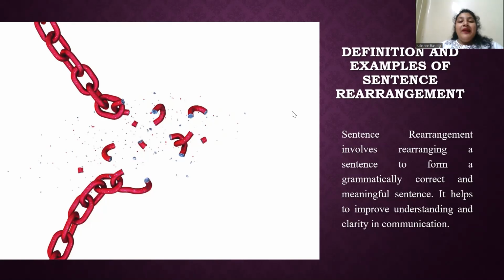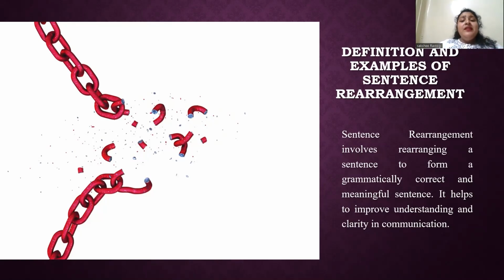So this is a complex sentence. Compound-complex sentences have multiple independent and dependent clauses. For example, while I was at the store, I bought some milk, and when I got home, I realized that I had forgotten my keys.